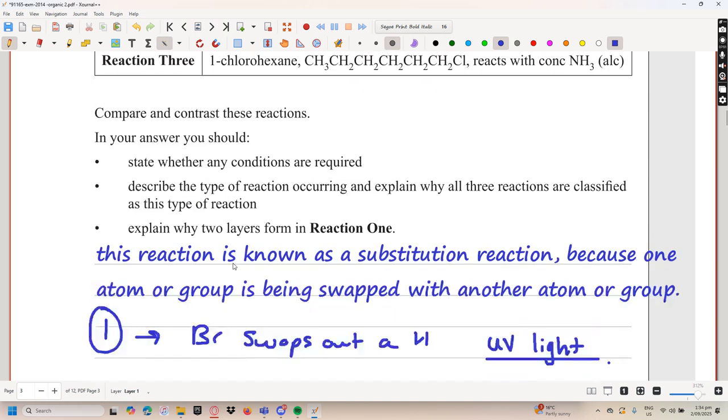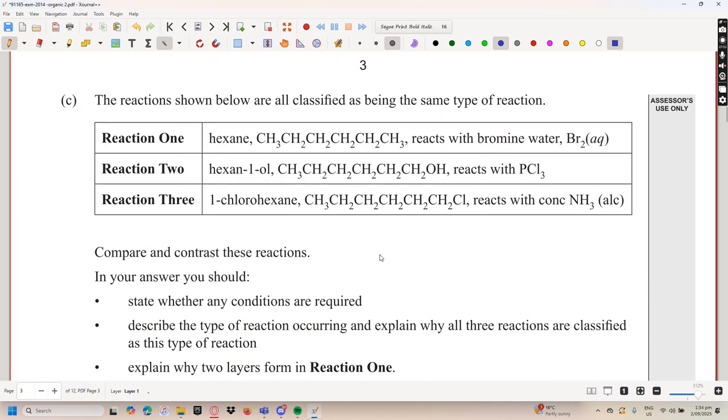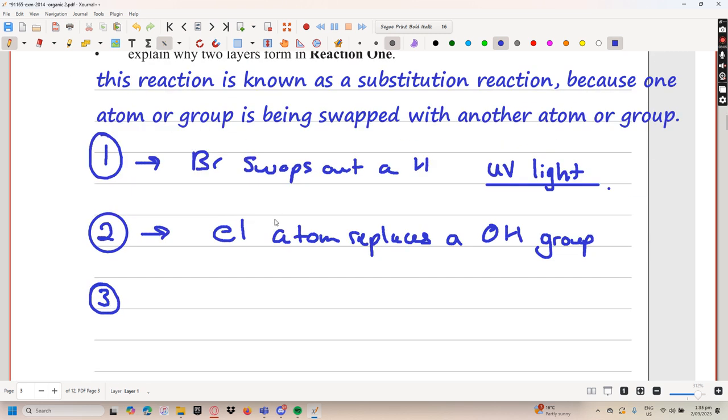So it'll form a chloroalkane, chlorohexane. Yeah, forms this here, chlorohexane. In reaction 3, the Cl atom is swapped by an NH2 group.